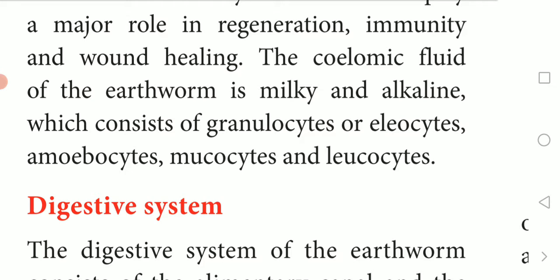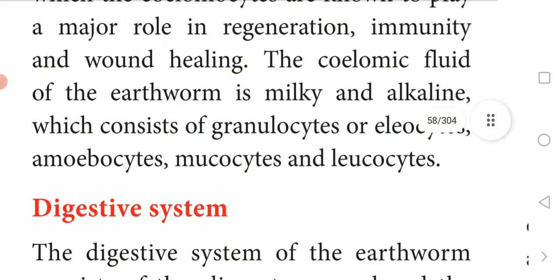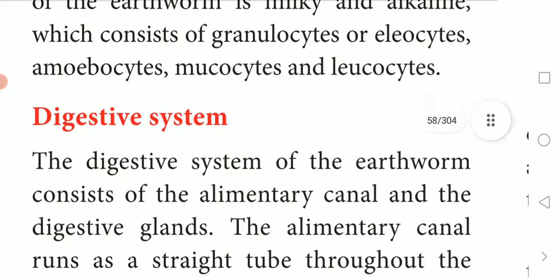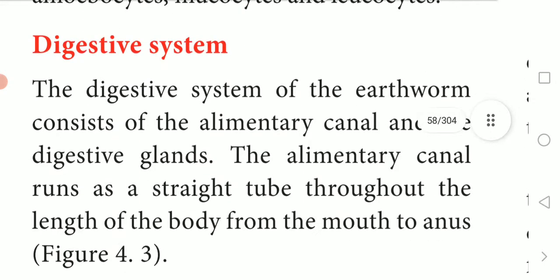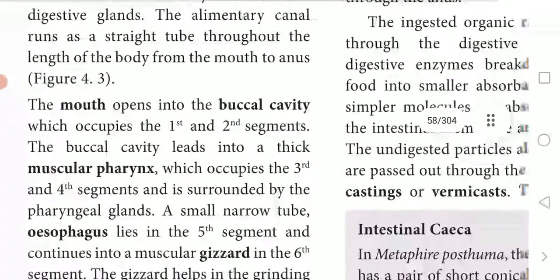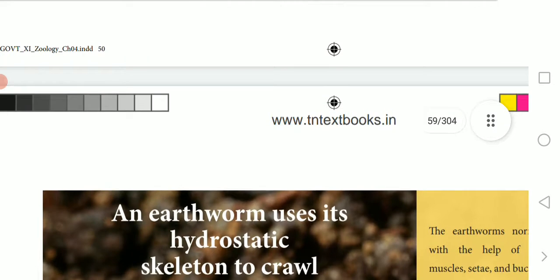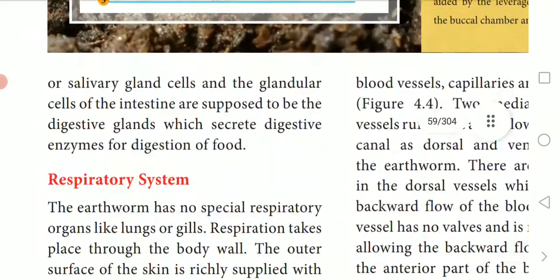Whatever they have given, you can go through. So that's all about the information on anatomy. The next topic we'll see is the digestive system of the earthworm. How the digestive system of the earthworm functions, we'll see. I'll show you the diagram of the digestive system of the earthworm.